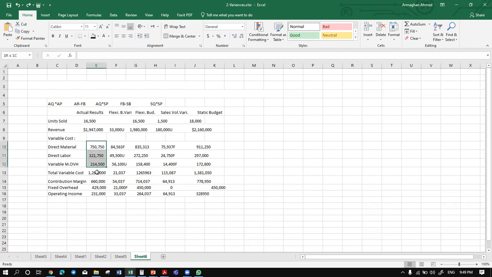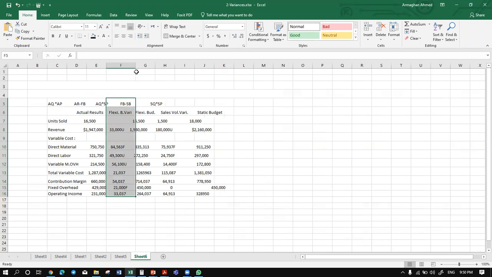And we also have here how we can calculate this flexible budget. This is the important thing, how these values came, especially the flexible budget.